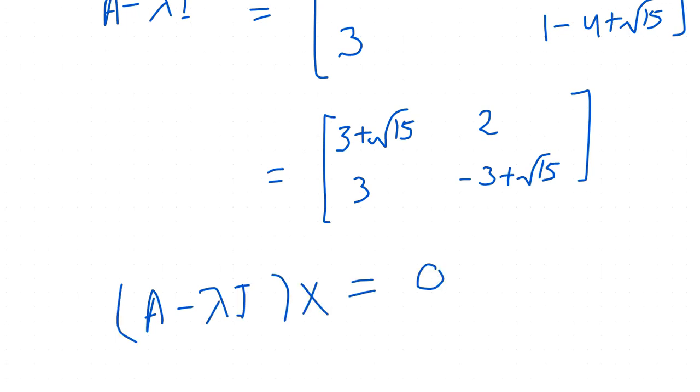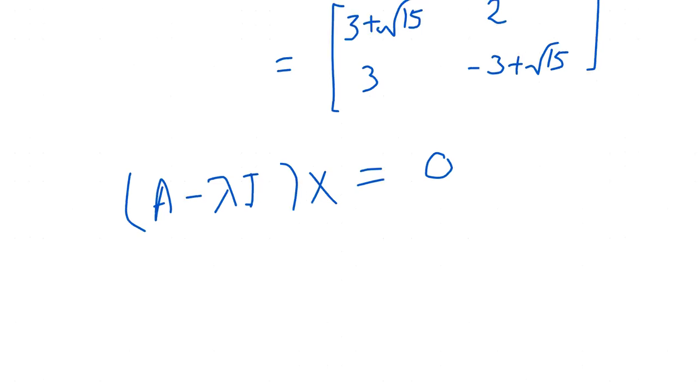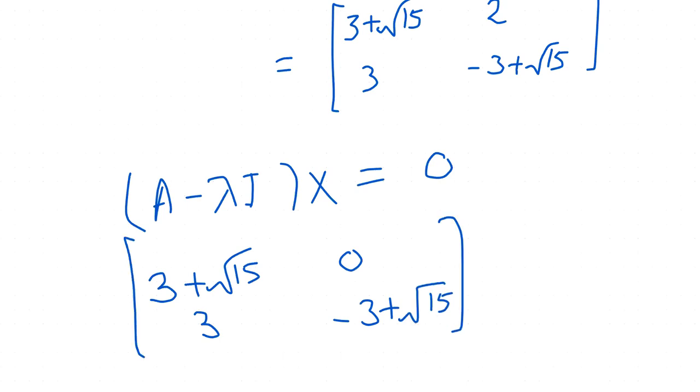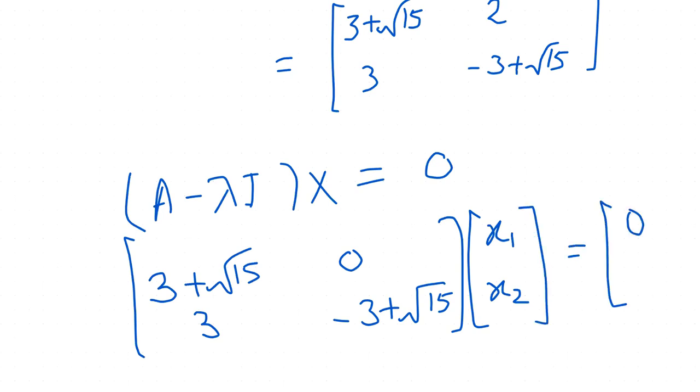So the matrix is 3 plus square root of 15, 0, 3, minus 3 plus square root of 15, into, because we have a 2 by 2 matrix, x1, x2, because we have only two components. And take the same number of elements as 0, 0 in the zero matrix, or we can say null matrix.